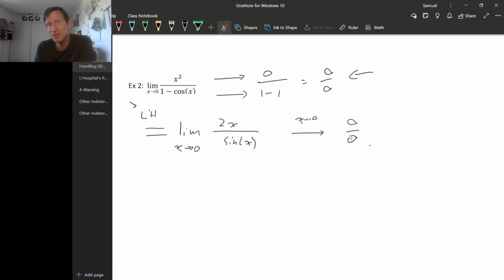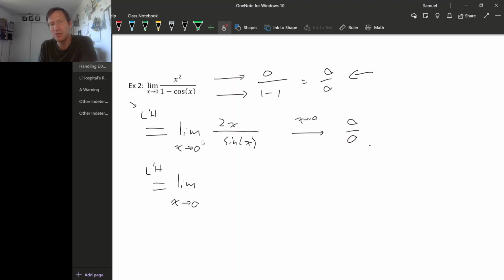So what should we do? Well, since it's still an indeterminate form, we could try using L'Hopital's rule again. Now, there's no guarantee that using L'Hopital's rule a second time will help, but it's a possibility. It is possible that using L'Hopital's rule multiple times just gets you into a loop that never actually produces a value for the limit.